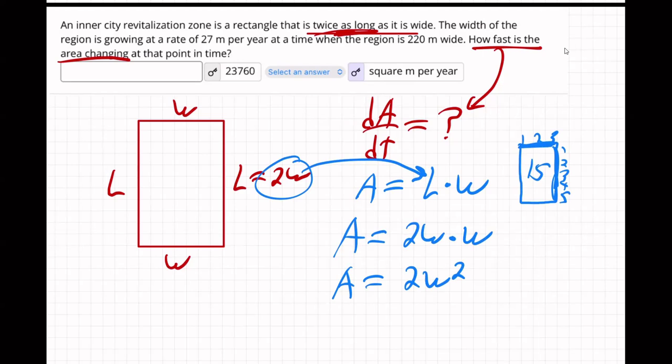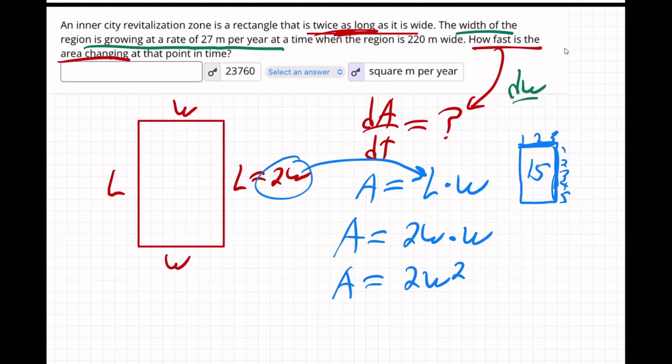So now, let me give some steps here. Let me be a little more formal now. They're saying the width is growing at 27 meters per year.